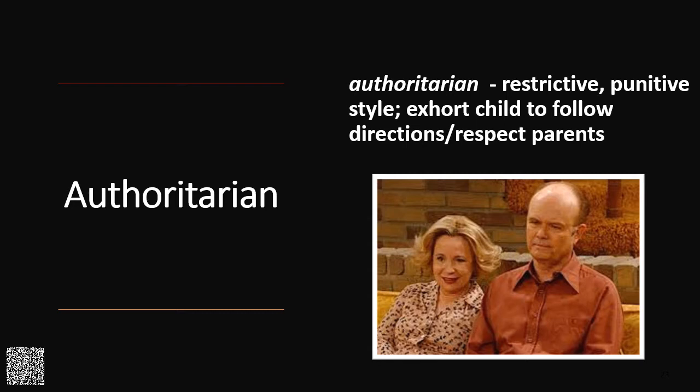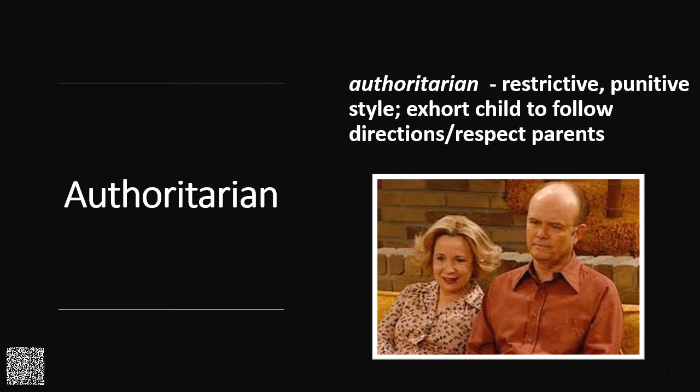Authoritarian parenting is a restrictive, punitive style in which parents exhort, which means strongly pressure the child, to follow their directions and respect their work and effort. The authoritarian parent places firm limits and control on the child and allows little verbal exchange. For example, an authoritarian parent might say, "You do it my way or else."